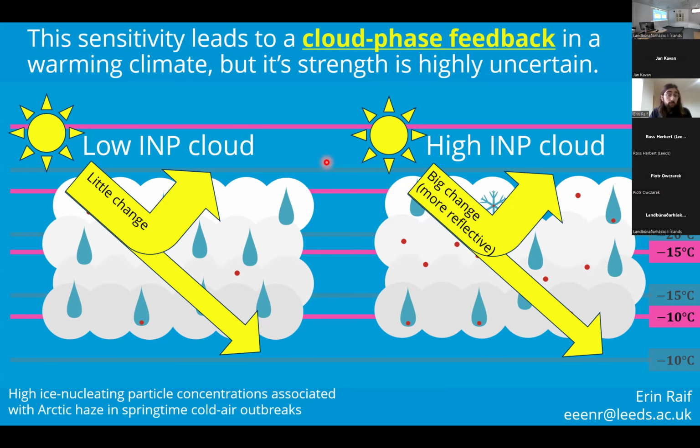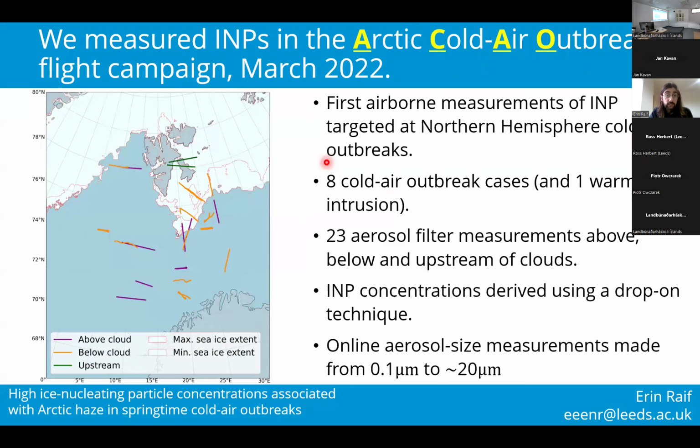The problem is that we don't really know how many INP there are in these clouds to begin with, and where they're coming from. And so to understand that better, we measured INPs over the Norwegian and Barents Sea in the Arctic Cold Air Outbreak flight campaign. I promise we'll get to dust in a bit, but what we've done here is make INP measurements in these cold air outbreak clouds across 8 different cases of them.